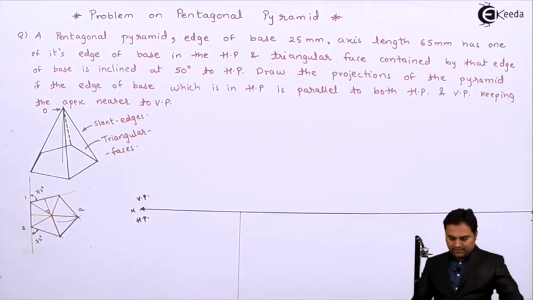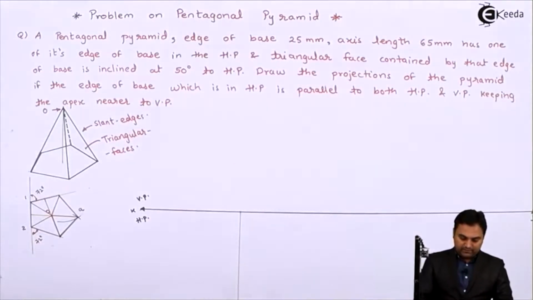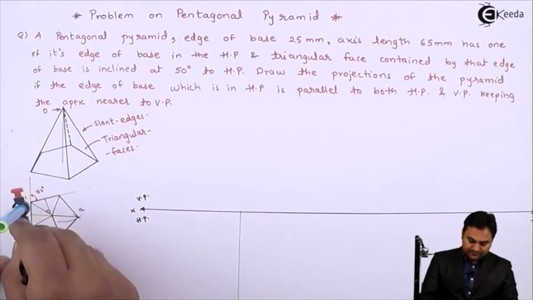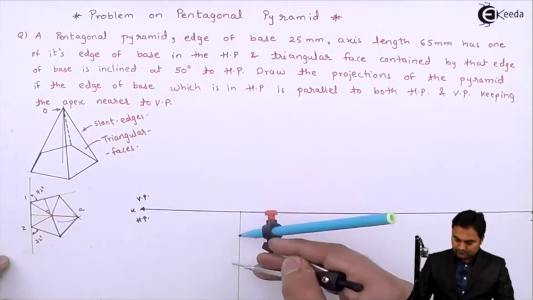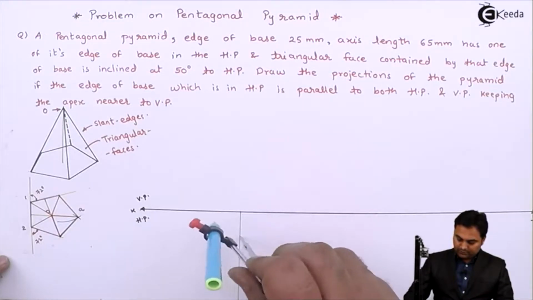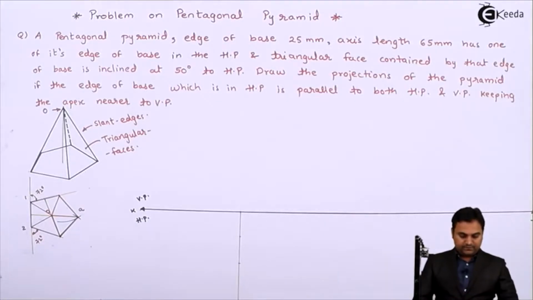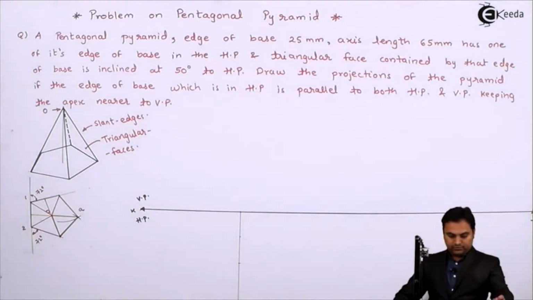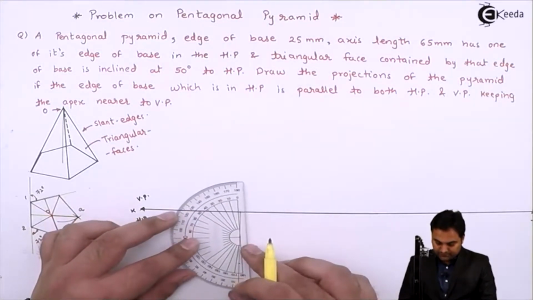and I have drawn this pentagon to the dimension which is base 25. So I'll be measuring the 25 distance here from 1 to 2 and marking it over this vertical line. Then drawing 72-degree angle with the help of both the points.